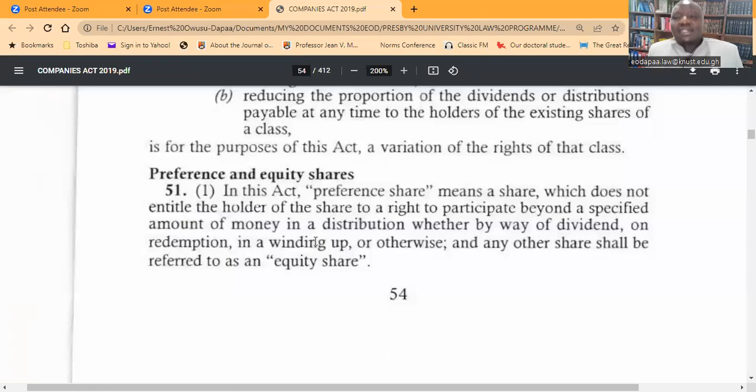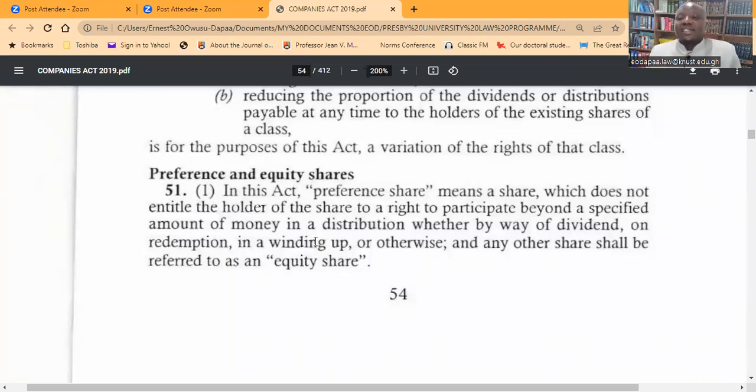What do I mean by that? An equity share is a share which is not preference share, okay? And then you ask the question, what is a preference share? Preference share is what has been defined in section 51, subsection 1, that a share which does not entitle the holder of the share to a right to participate beyond a specified amount of money in a distribution, whether it's a payment of dividends or redemption of shares.